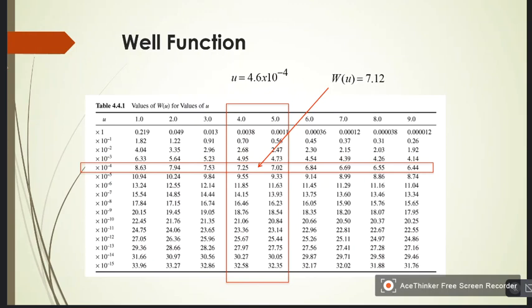So the U value and the WU value. For 4 into 10 to the power of minus 4, what is WU? 7.25.